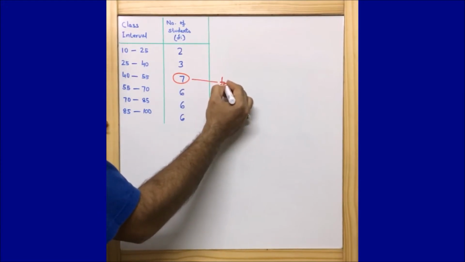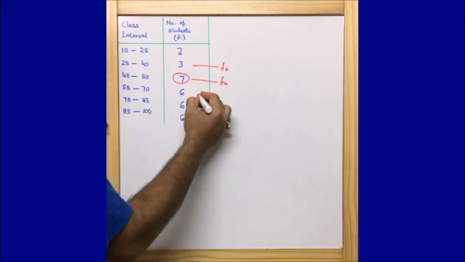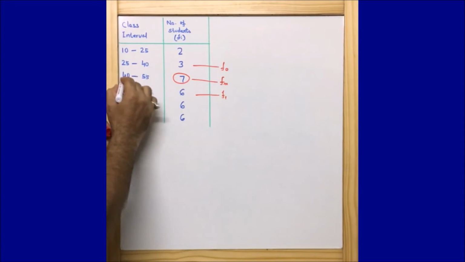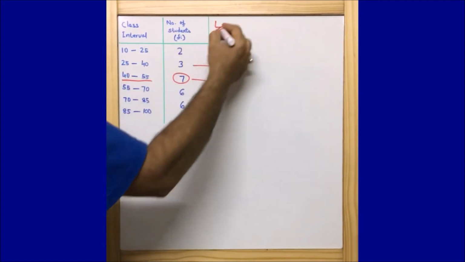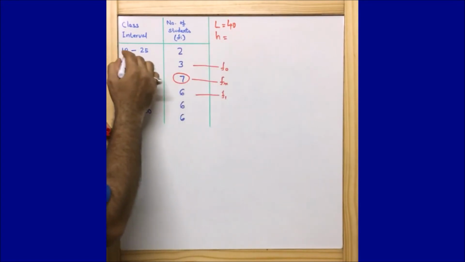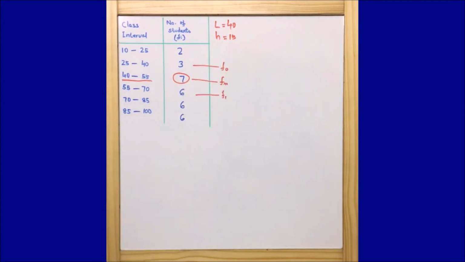The preceding value is going to be our F0, and the succeeding value is going to be our F1, and the modal class interval is 40 to 55. The lower limit of this class interval is 40. Class size h: you could see that 10 plus 15 is 25, 25 plus 15 is 40, so 15 is the class size. This is the data that we have.